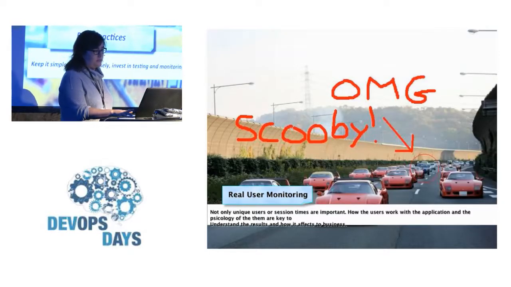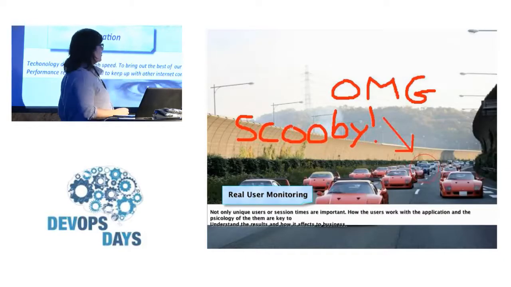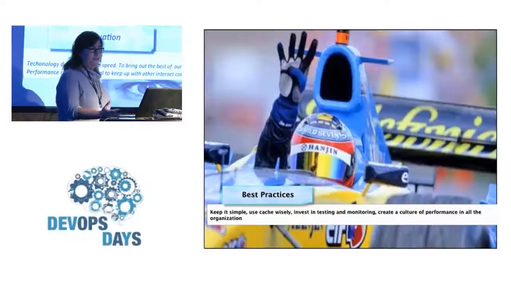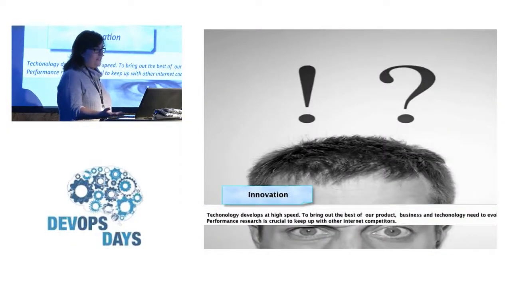That is really important. And of course, as I'm in research and development, innovation is the key. We have to invest in innovation, in research. We have new tools, we have new technologies, and we always have to keep up to date with these challenges that we have in the market.